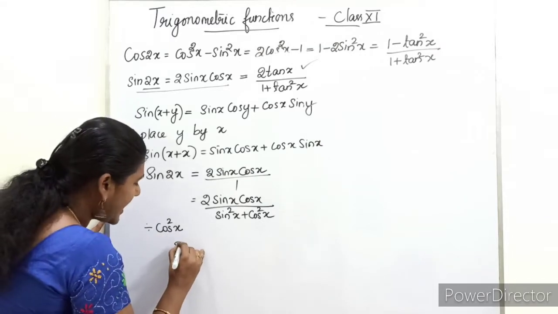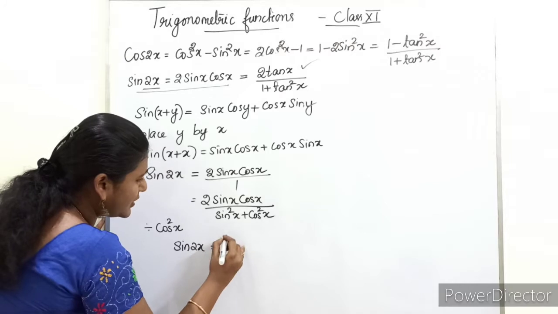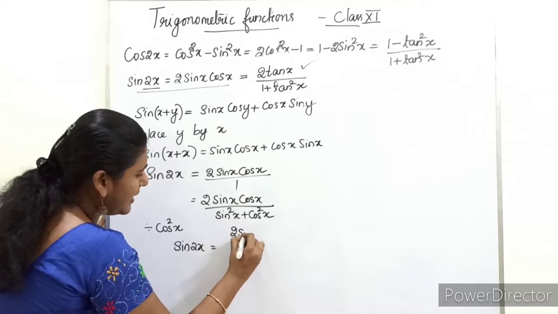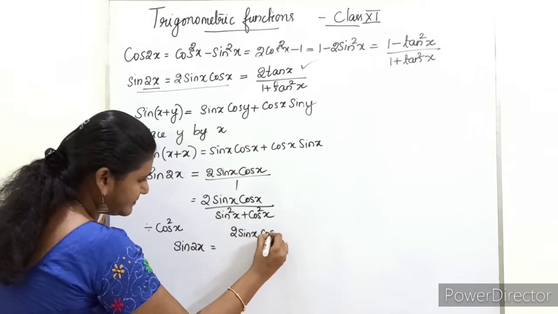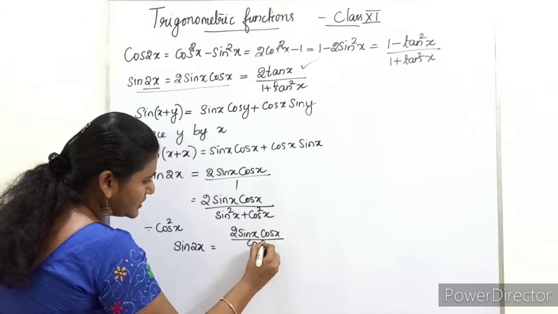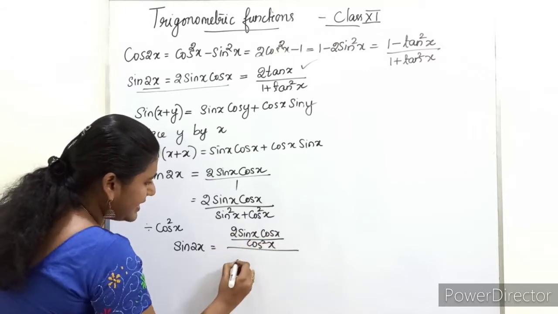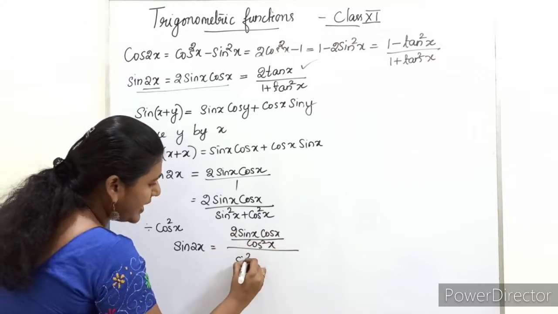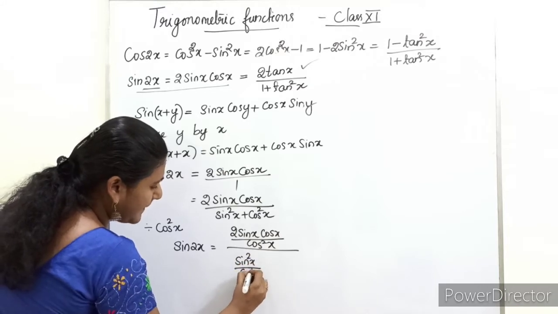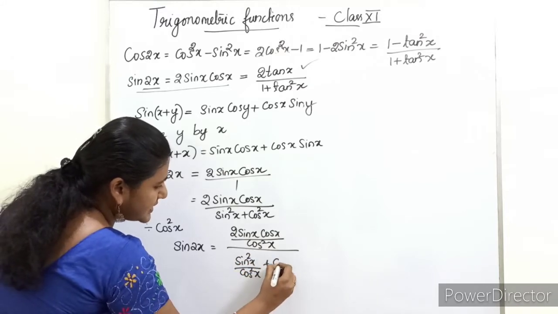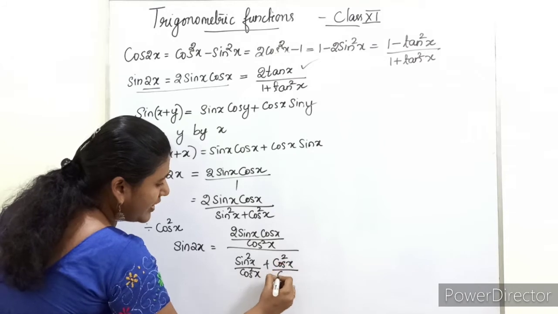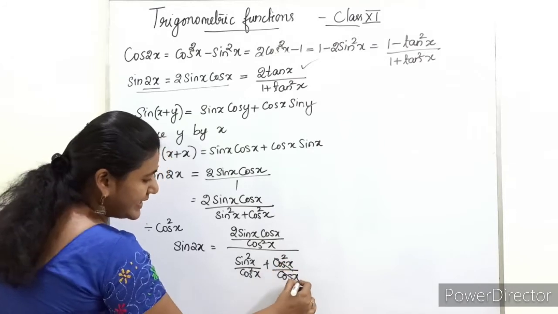So we can write sin 2x is equal to numerator when you divide by cos square x. You will get here cos square x divided by, here you will get sin square x by cos square x plus cos square x by cos square x. So what will happen here? These two will get cancelled.